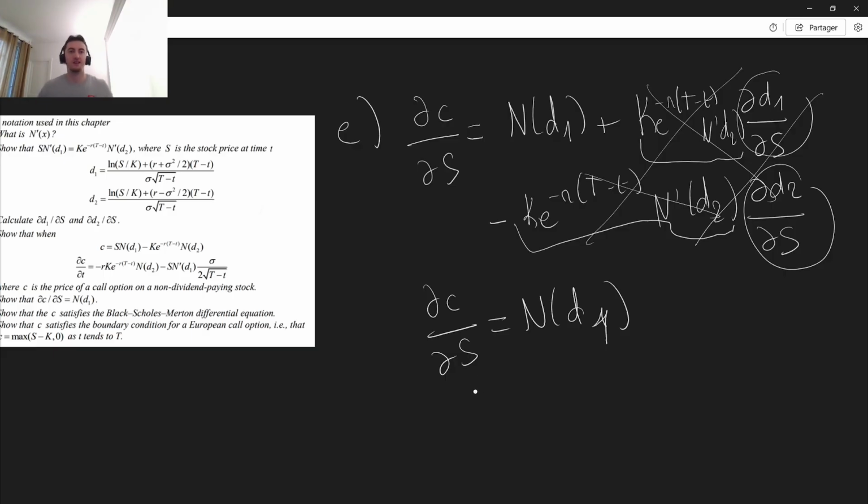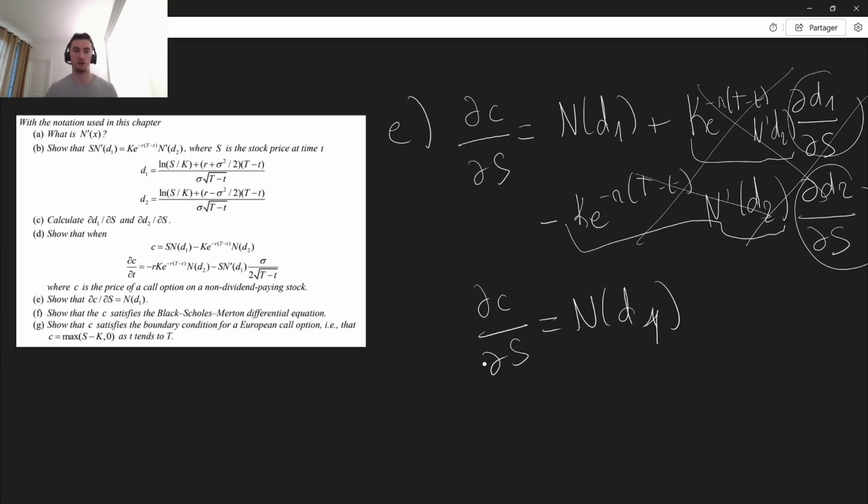So let's say it's correct, but only with luck. So it's not what we want. We want to make sure that we know that d1 depends on S and d2 also, and on t and on sigma for maybe other exercises. But anyway, this question is quite straightforward once we calculated these two terms and that they are exactly equal.